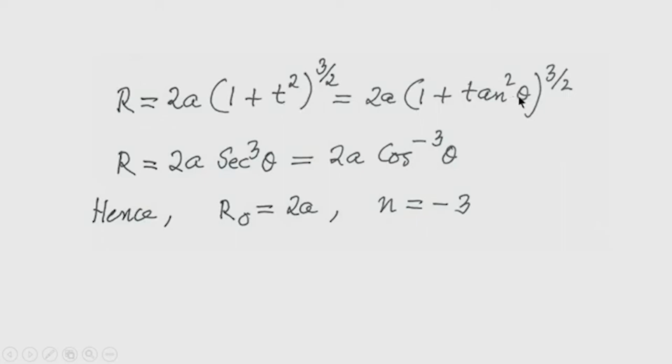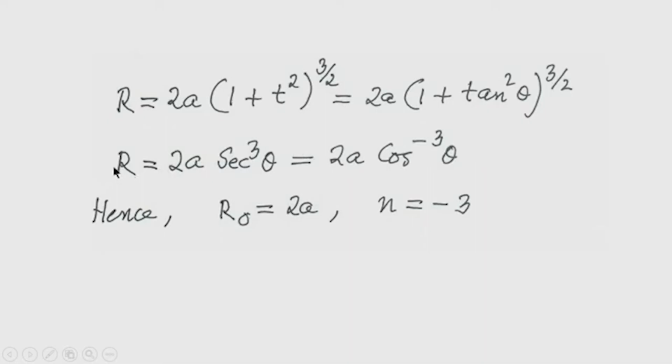So, 1 plus tan square theta raised to the power 3 by 2. Now, this term 1 plus tan square theta is nothing but sec square theta. So, once it is raised to the power 3 by 2, it becomes 2a sec cube theta. Because sec theta is the reciprocal of cos theta, we can now write 2a cos to the power minus 3 theta.